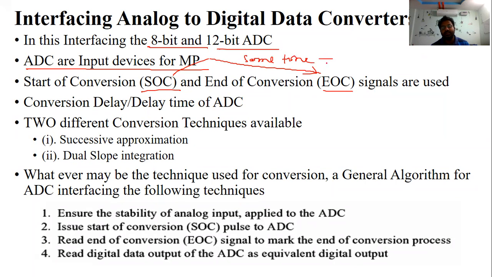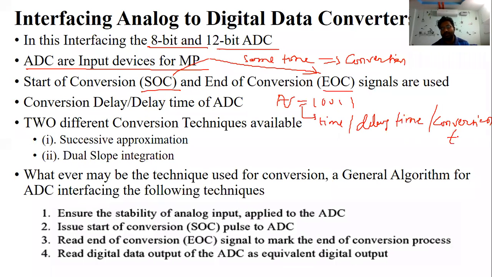Between the start of conversion and end of conversion, the converter takes some time to convert an analog signal to a digital signal. You can call it the conversion delay, delay time or conversion time.